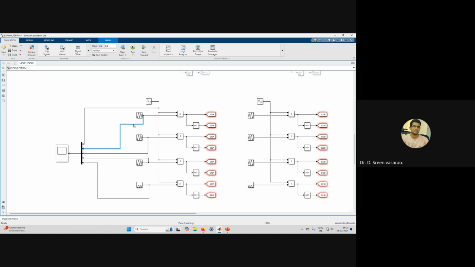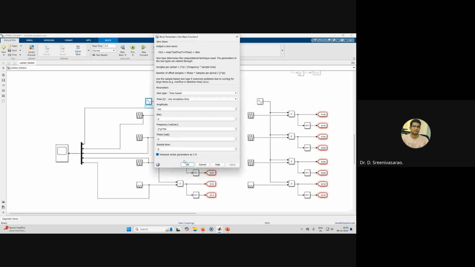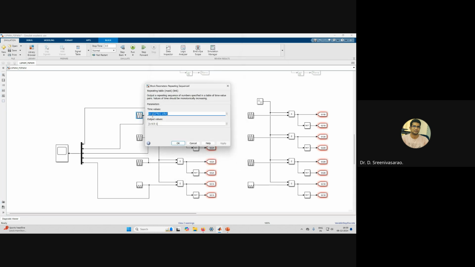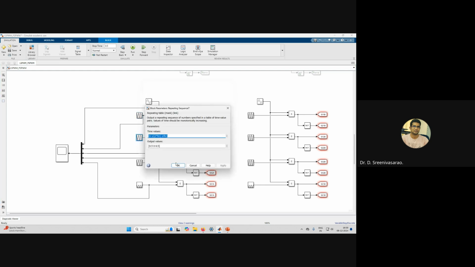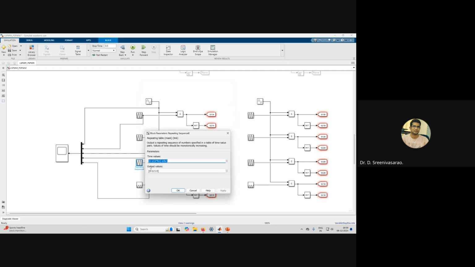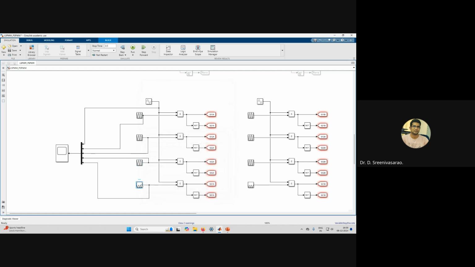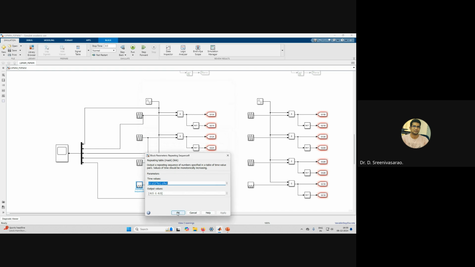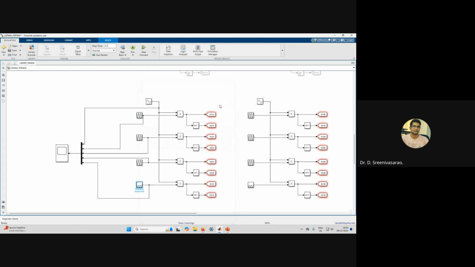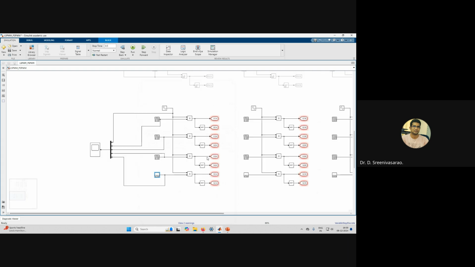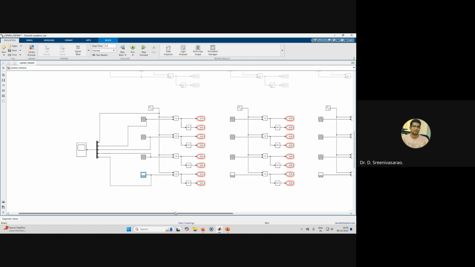Everything is the same; the only thing is that we need to change the carrier orientation. The modulating signal remains the same. The first carrier varies from 1 to 0.5, the second from 0.5 to 0, the third from 0 to minus 0.5, and the fourth from minus 0.5 to minus 1. The rest of the things are the same; only the carriers change.